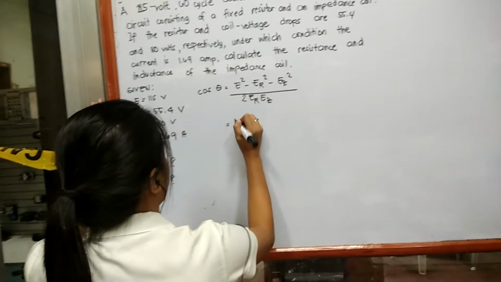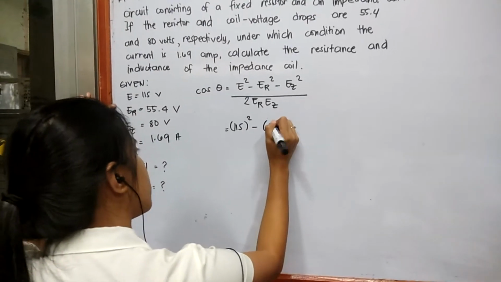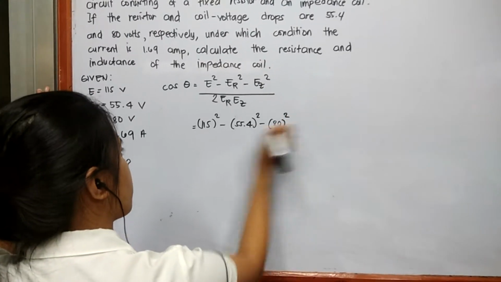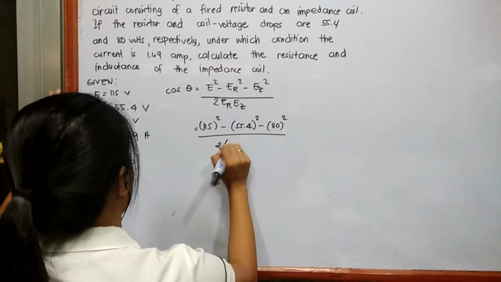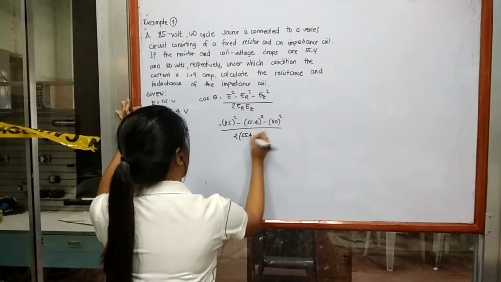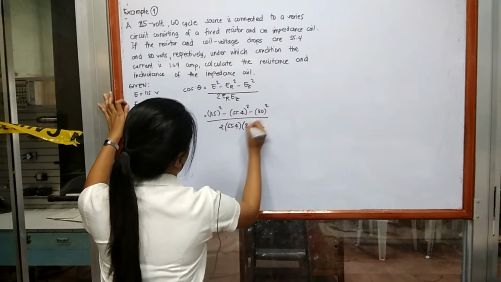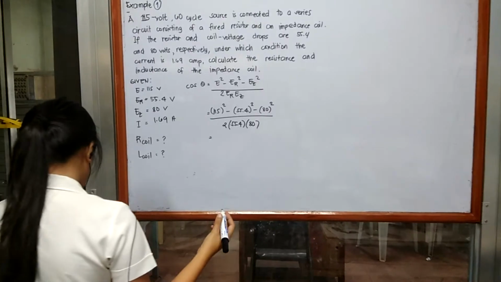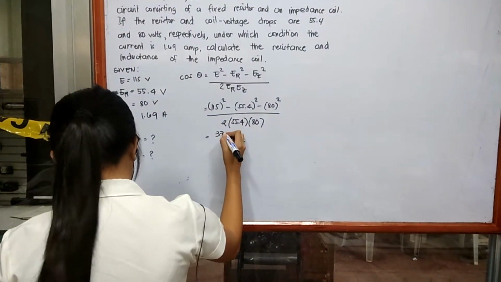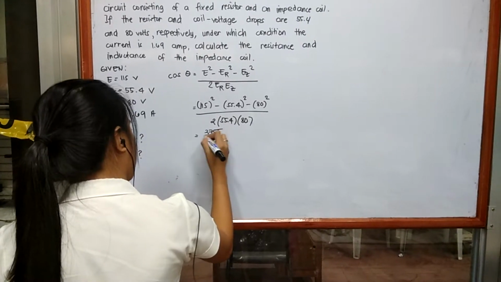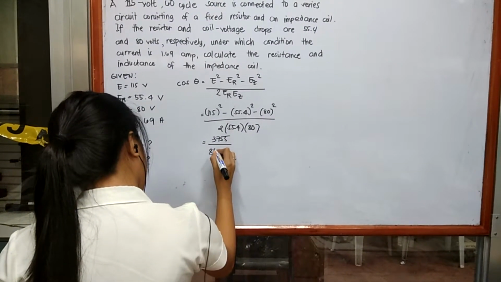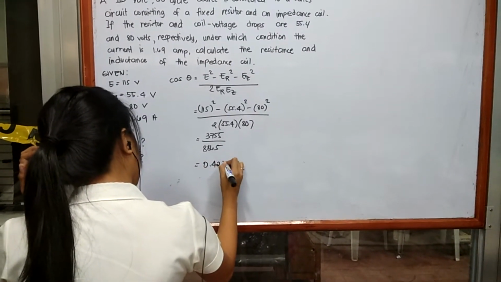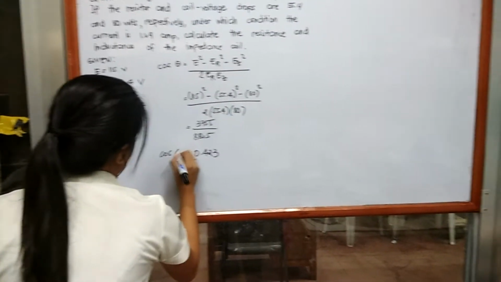So E squared, 115 squared, minus 55.4 squared minus 80 squared all over 2 times 55.4 times 80. This is equal to 3,755 over 8,865, which is equal to 0.423. This is cosine theta.